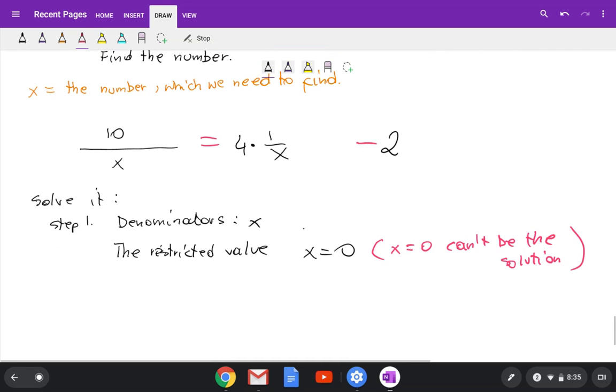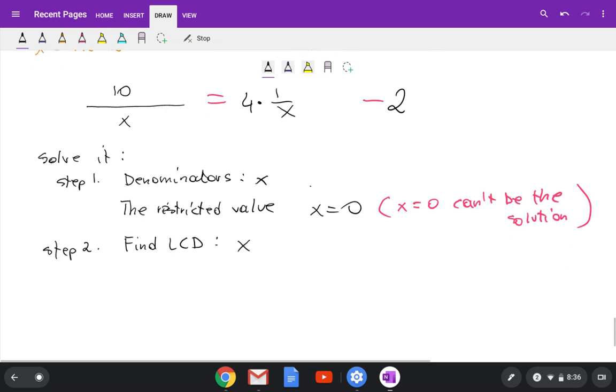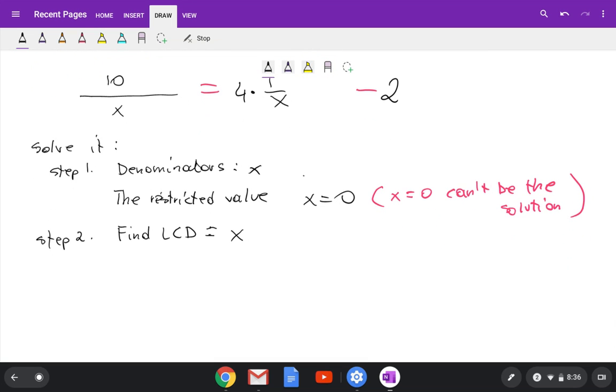So that was step 1. To solve it, step 2, find the LCD. Since the denominators are only x, our LCD will be x. Step 3, multiply by the LCD, which is x.